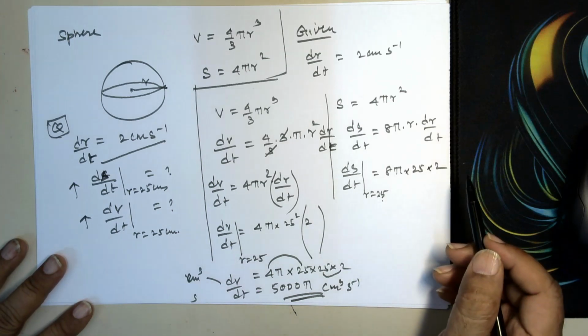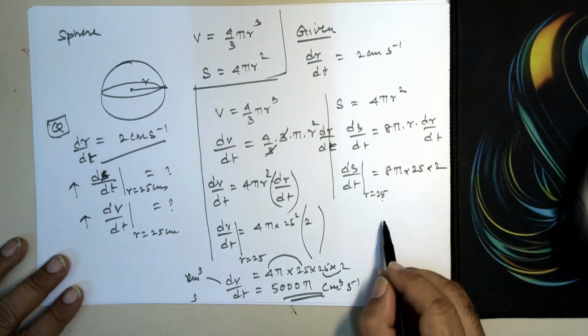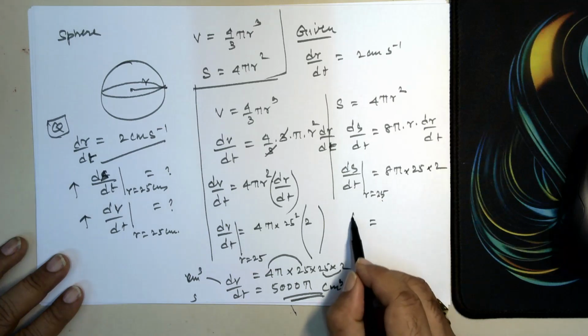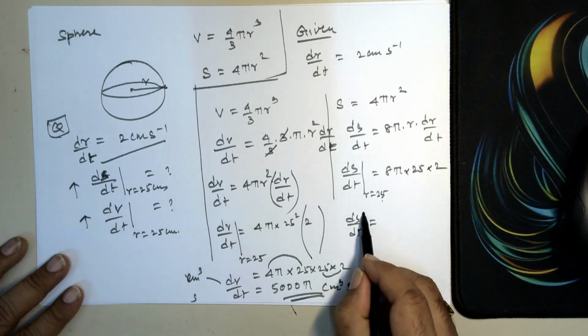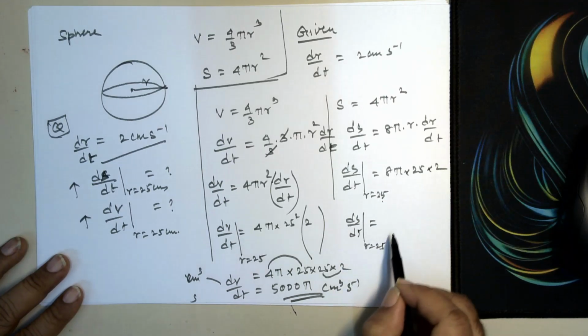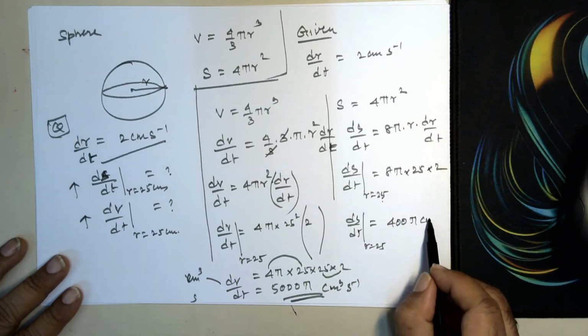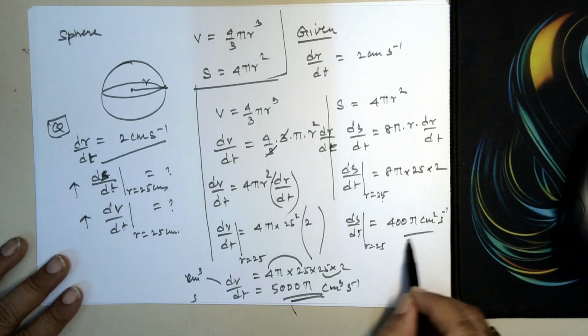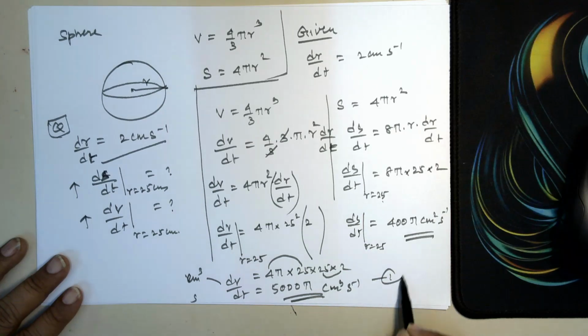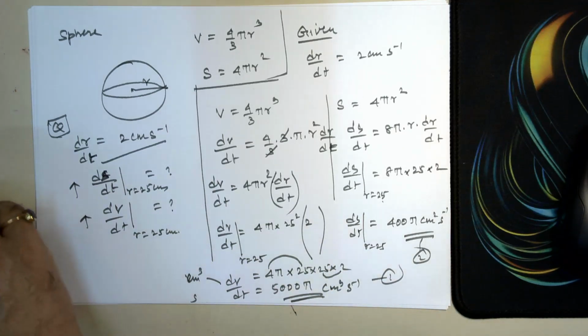So 2 into 25, 50, 50 into 8, 400. So the answer is dS by dt at r equal to 25 is 400 pi, centimeter square per second. So these are the two answers.